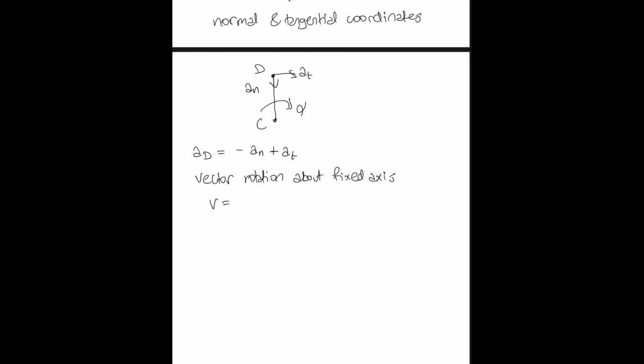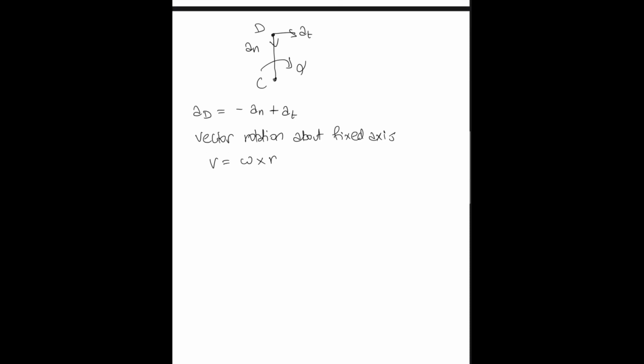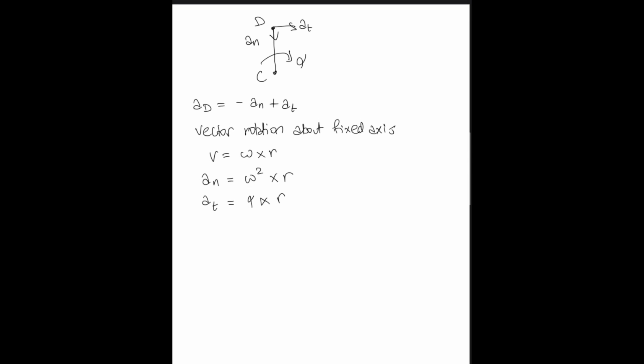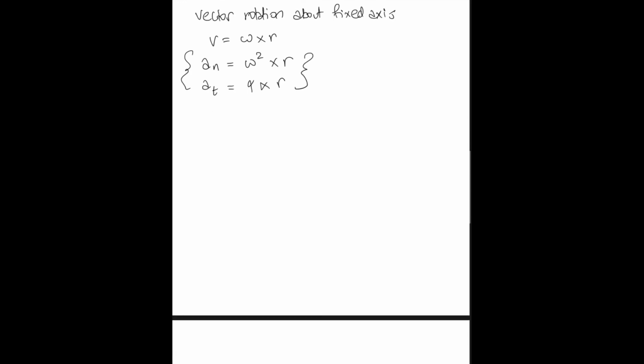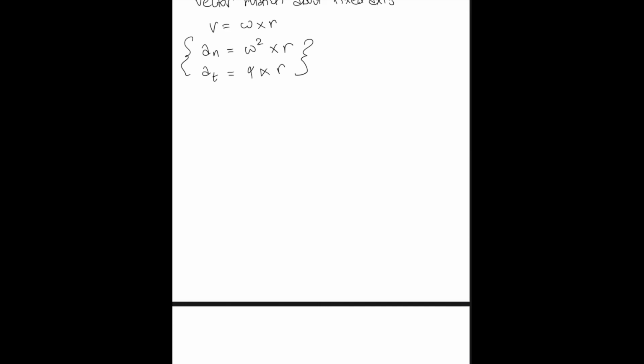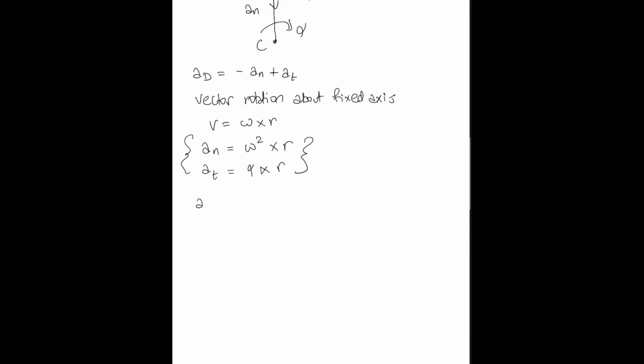We know that V is equal to omega cross r, but we also know that the acceleration in the normal direction is equal to omega squared cross product r, and the tangential acceleration is equal to the angular acceleration cross product r. So these two are what we're going to be using for this part of the problem. And we're going to plug them into this equation over here.